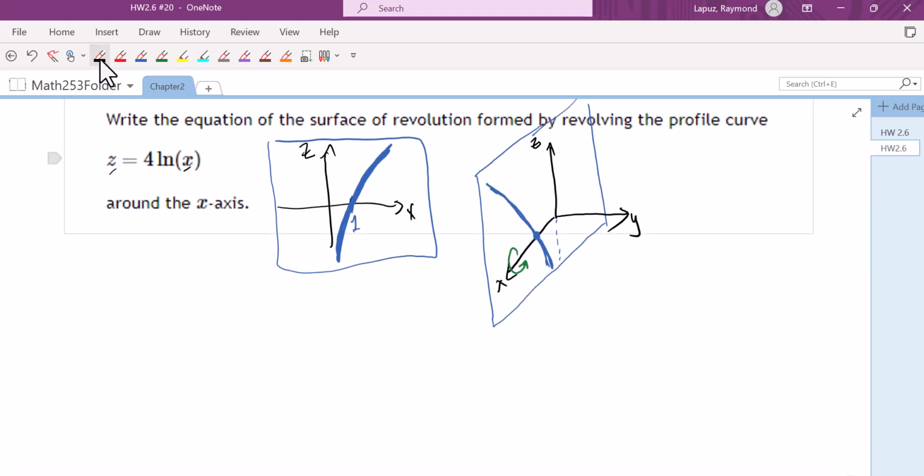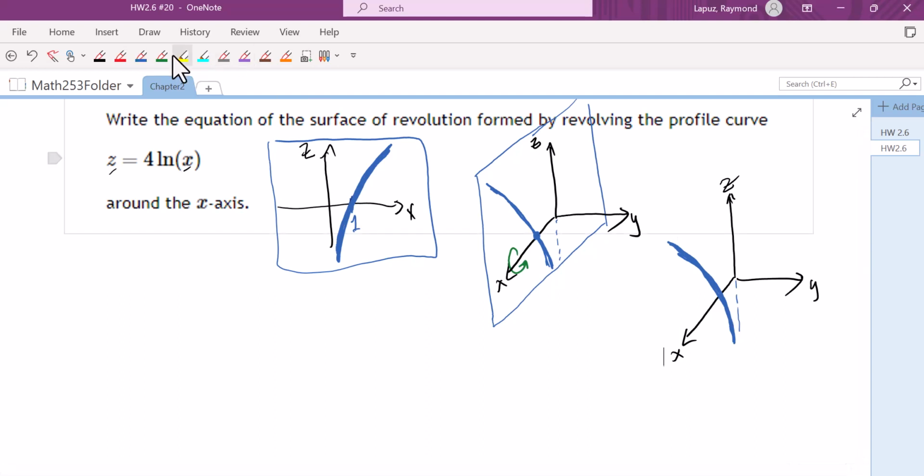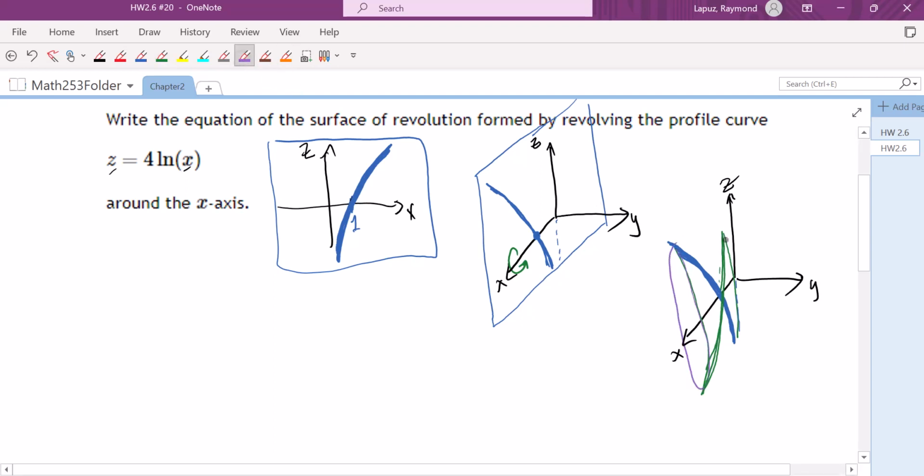Okay, so let's redraw that. Your x, your y, and your z, and the curve looks like this with an asymptote here. And we'll rotate it. As we rotate it around this axis, I'm going to get a mirror image around the axis of rotation, and I would be forming circles. So let's draw the circle parts like this and like this.